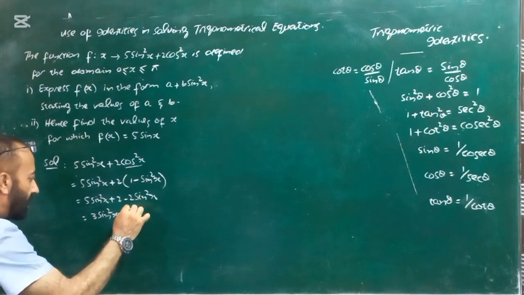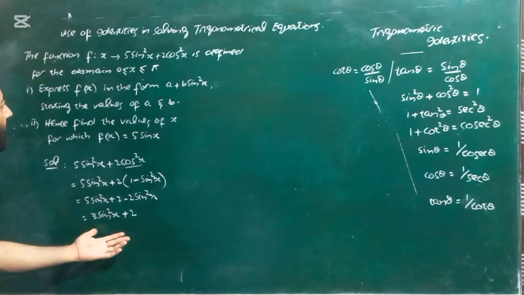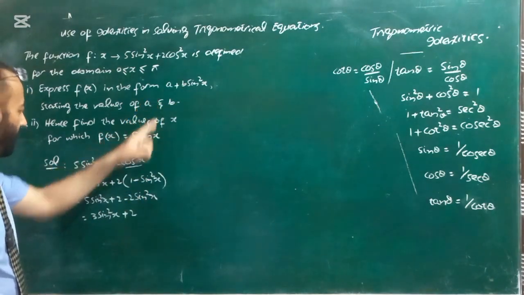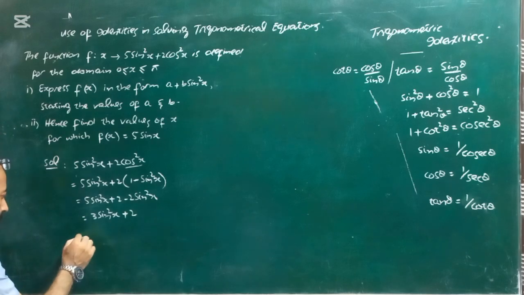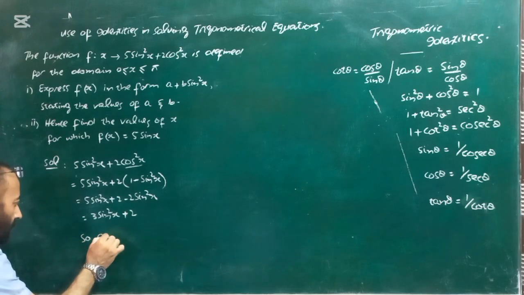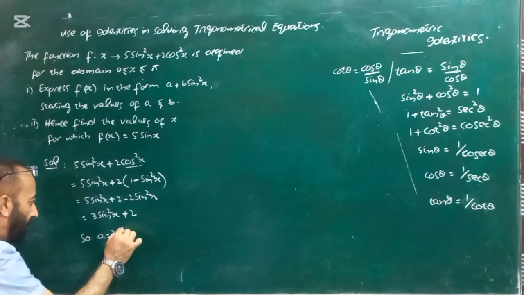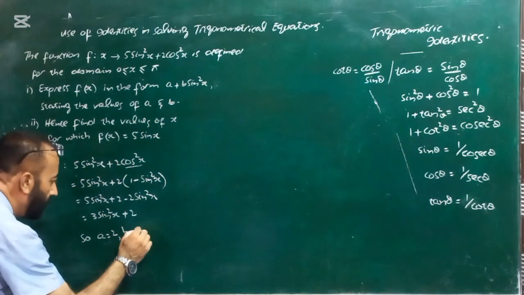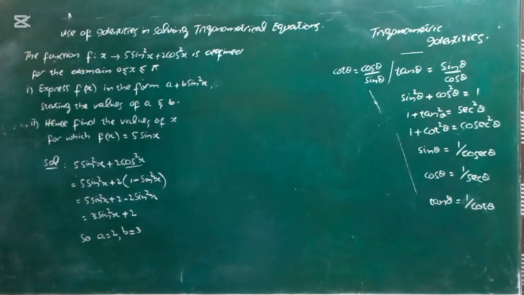Plus 2 is still there. So comparing this with this, a is equal to 2 and b is equal to 3. So these are the values of a and b.